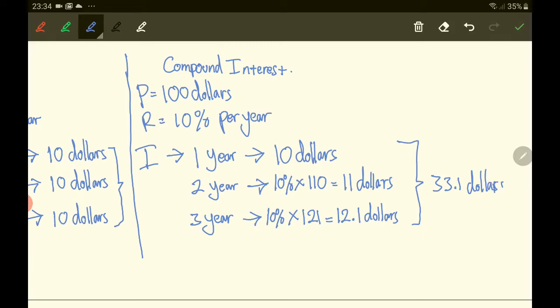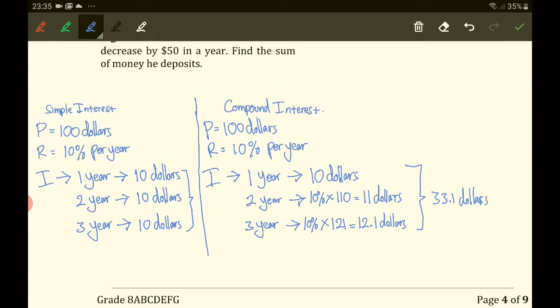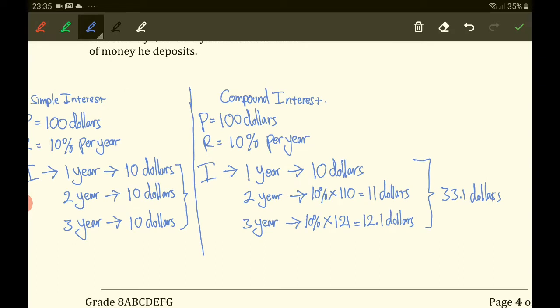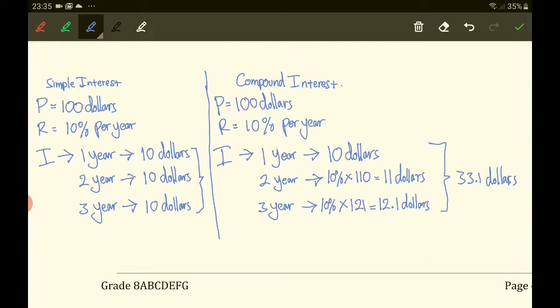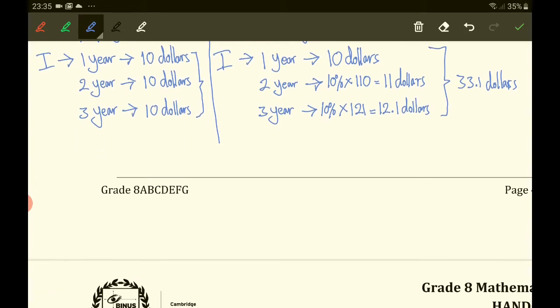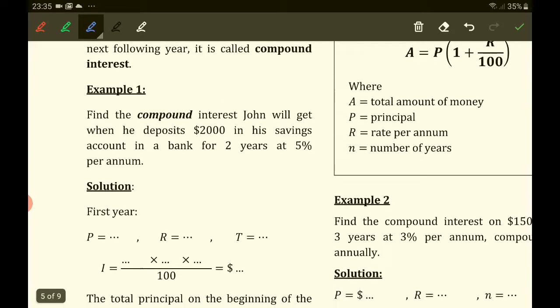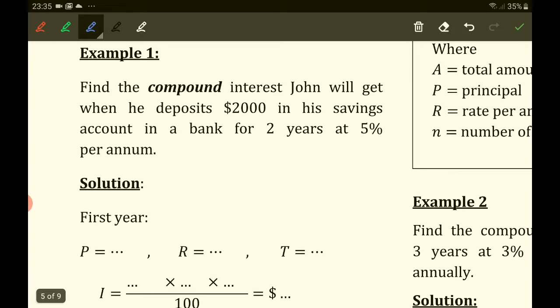So you will have a higher amount of money than with simple interest. I hope you see the difference between compound interest and simple interest. To help you understand better, let's go to example 1, compound interest.